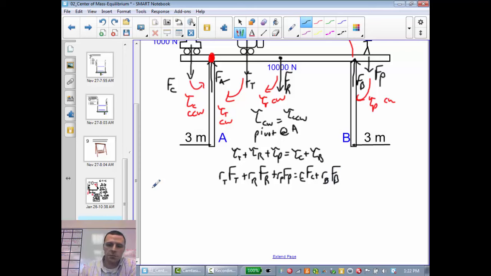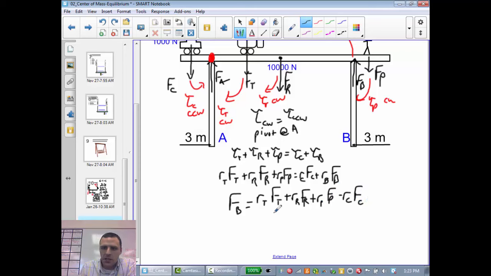I'm going to solve this for force B. Force B equals RT FT plus RR FR plus RP FP minus RC FC, divided by RB.